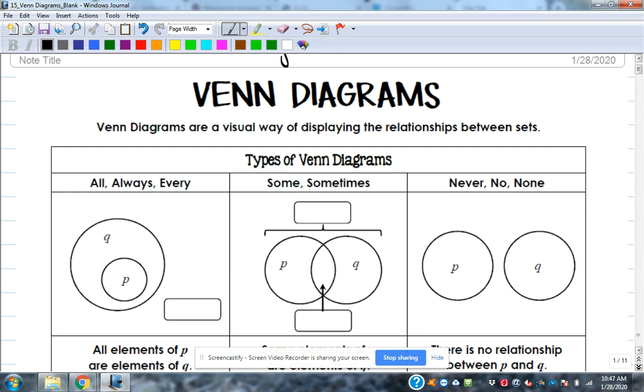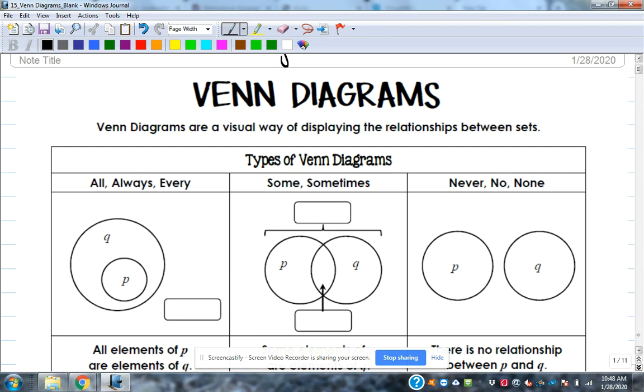So in the first box, we have one larger circle that represents a set Q, and the smaller circle inside represents a set P. An example of this would be classifying numbers, where if you think of the larger circle as the integers, what could be the smaller circle inside of the integers? Whole numbers. So what that implies is that if I pick a whole number, 7, does that fall inside of the integer circle too?